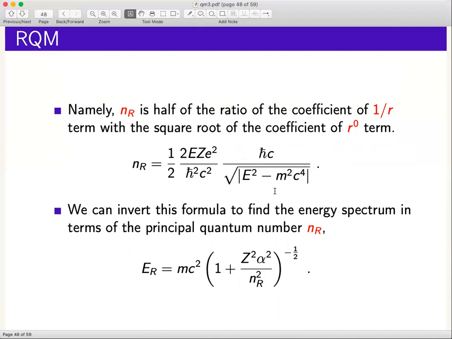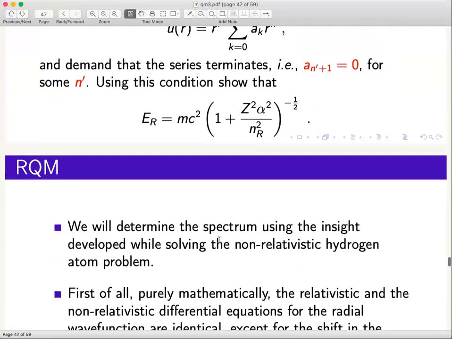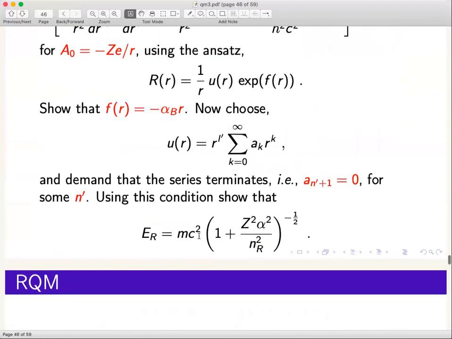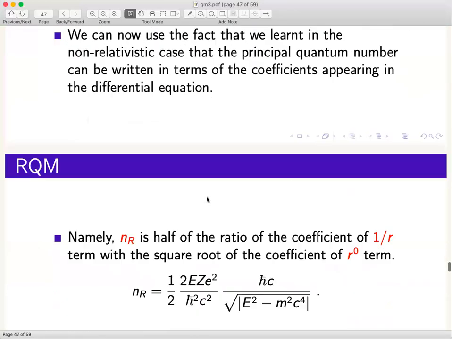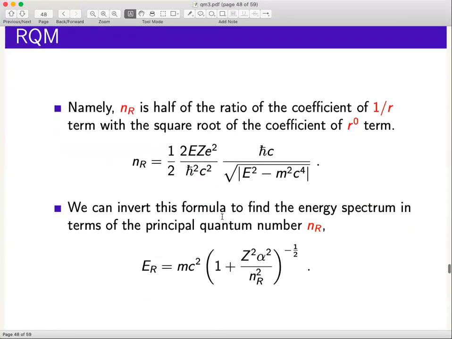So you get E_r equal to mc squared times 1 plus Z squared alpha squared upon n_r squared, to the minus half, which is precisely what the exercise would give you by solving the differential equation. So this trick gives you this answer without solving the differential equation.